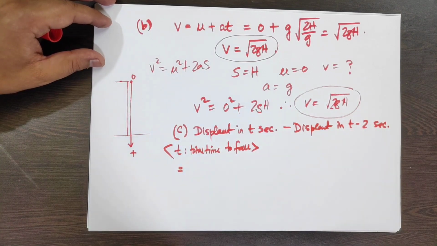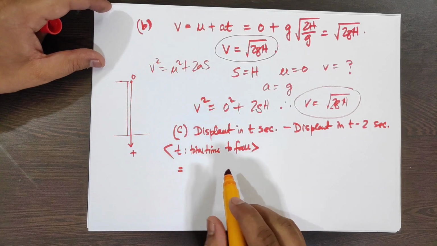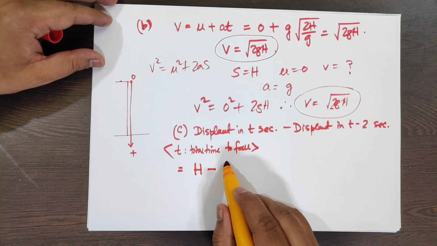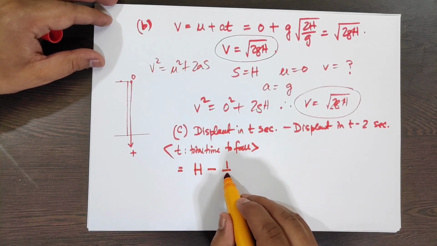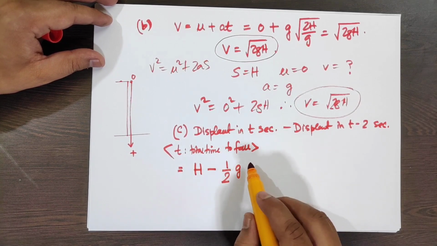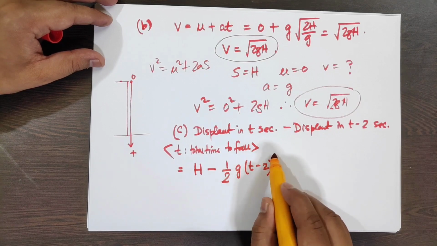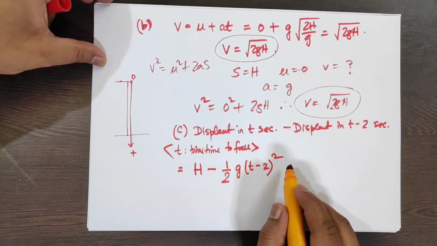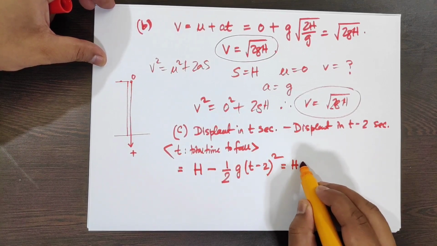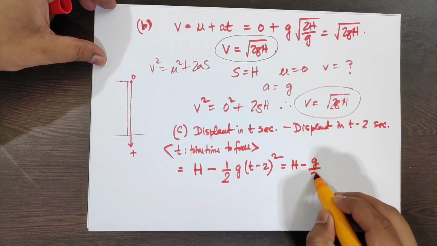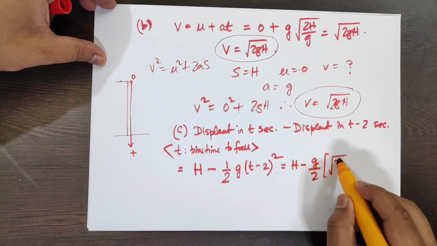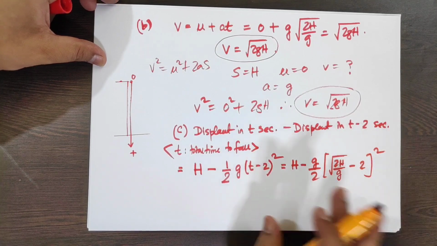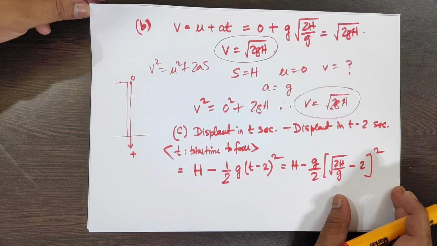So that is equal to displacement in t seconds, which is obviously h, minus displacement in t minus 2 seconds, which is half g (t minus 2) square. So I'll just put the value of t here, half g times (2 root over of 2h by g minus 2) square, and hence you can calculate this.